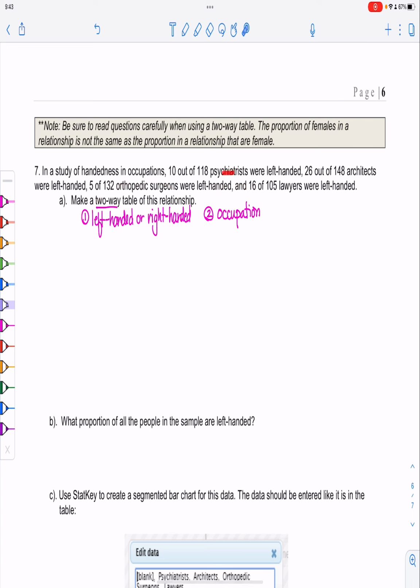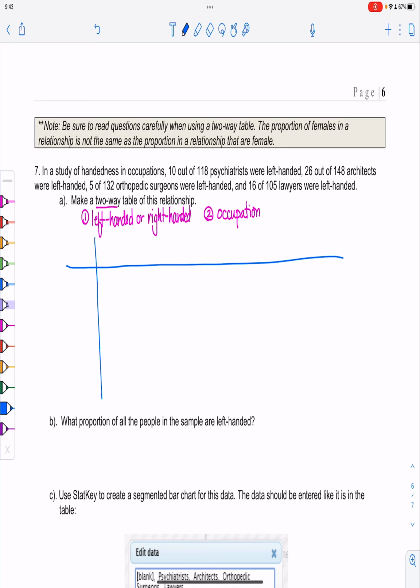Now let's see, we've got 4 categories for occupation. We only have 2 categories for left or right-handed. So since I need more room for the occupations, I'm going to put the occupations in the columns. So let's do this.